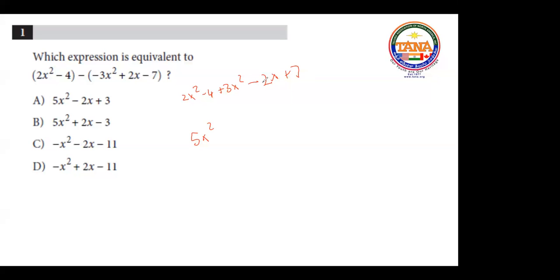And then you have minus 2x. And then you have plus 3, I believe. And therefore the answer is A. Any questions? All right, moving on.